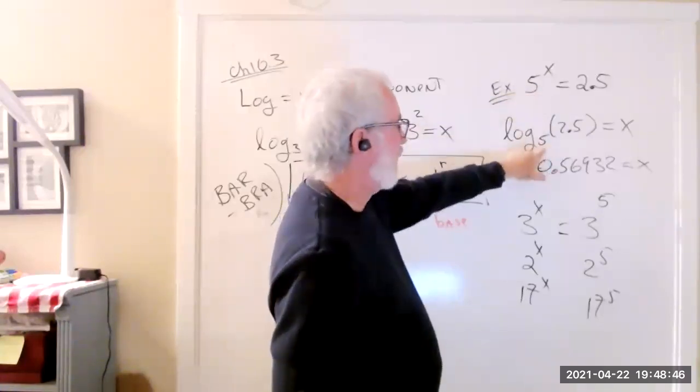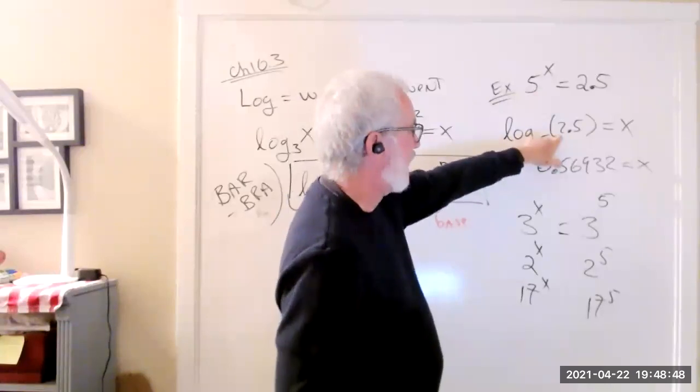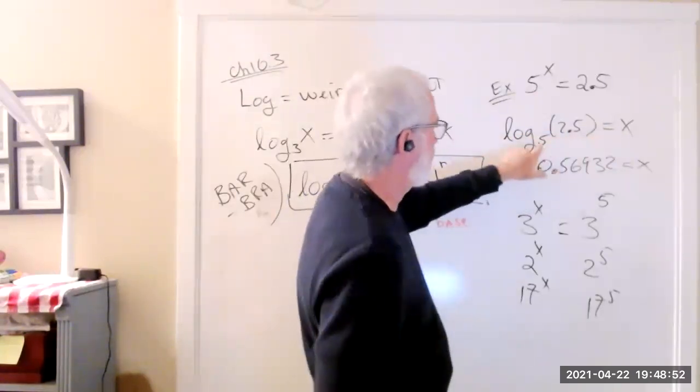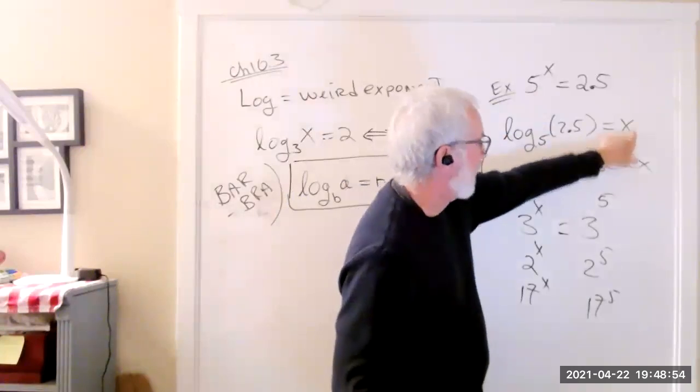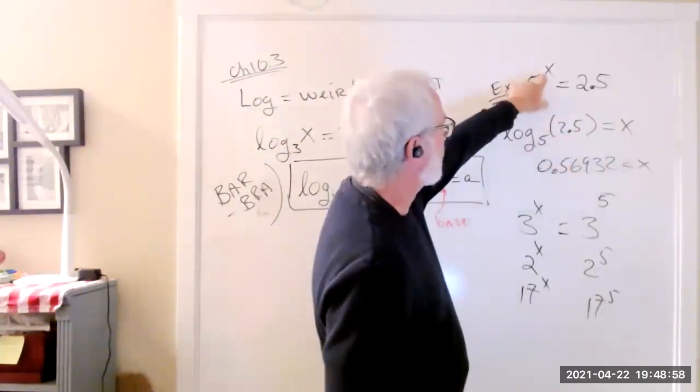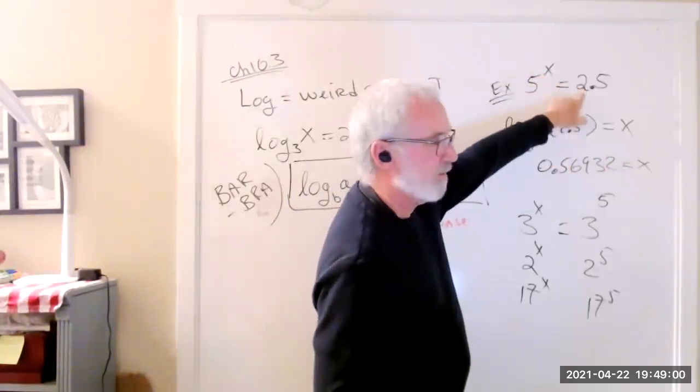So it's saying 5 raised to the x power is worth 2.5.